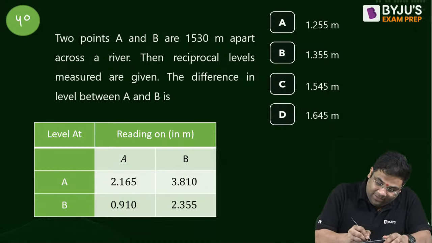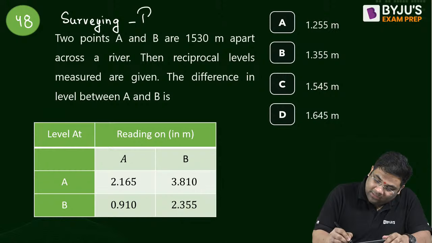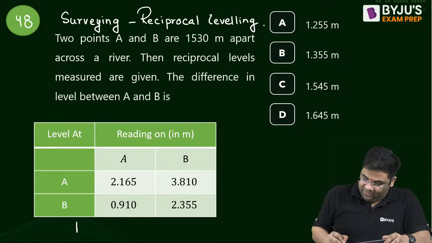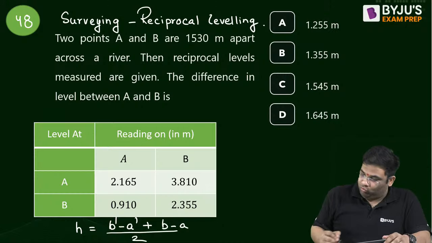Question 48. Reciprocal leveling, surveying. We are getting so many mixed-up questions. Come on, fast, this is a very easy question. The height difference formula is what? B dash minus A dash plus B minus A, divided by what? 2.